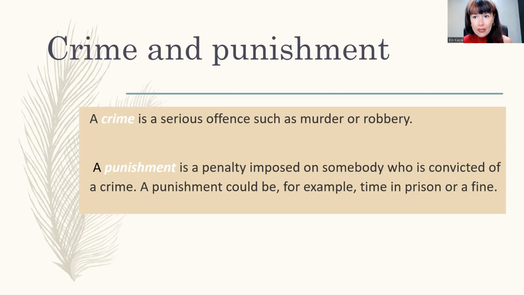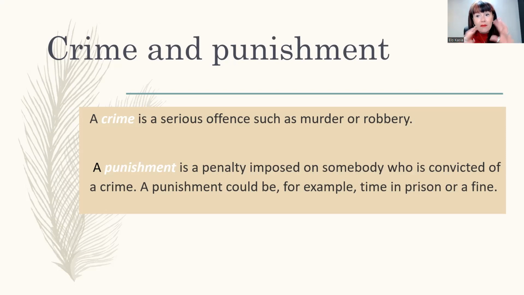So we punish somebody for committing a crime or an offense. A punishment could be, for example, time in prison. So you go to prison to serve time, maybe 1 year, 2 years, 10 years, right? Or a fine. Yes, you pay money. So these are the two most common types of punishment. So time in prison or paying a fine, paying money instead.